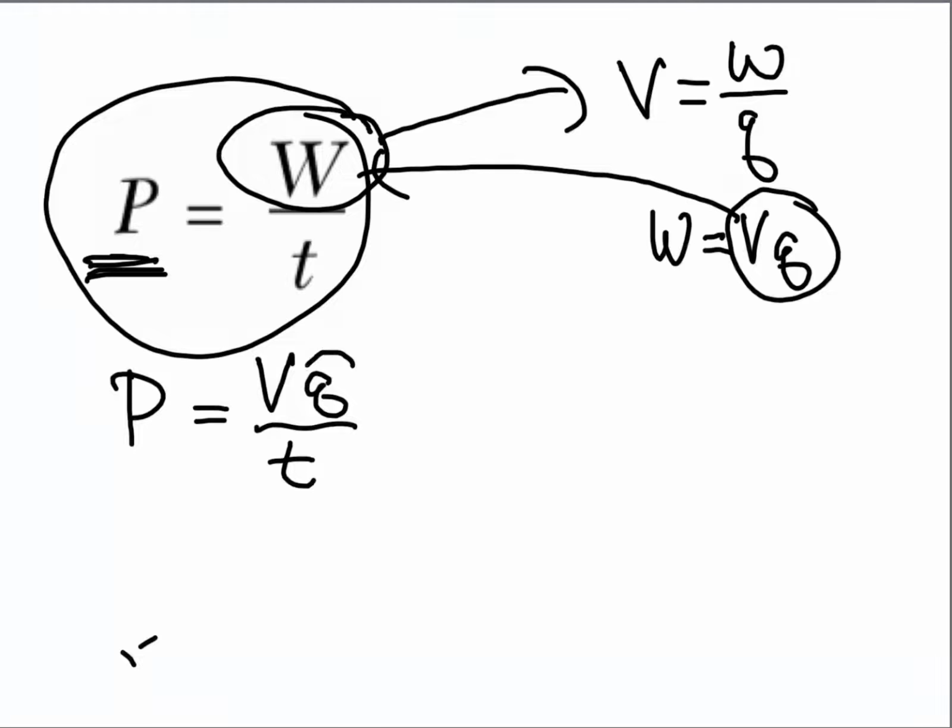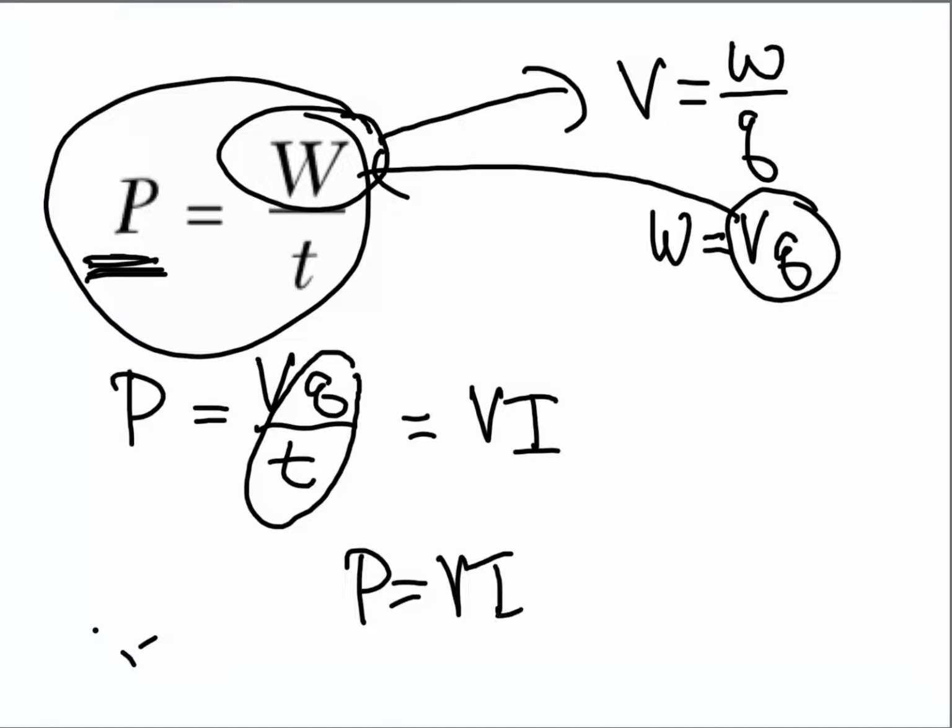Now, Q over T, we hopefully remember, is current. So now we have this. This is a very user-friendly formula for us. We happen to know the voltage going through a particular device, or rather being used by a device or lost in a device, and the current going through that device.